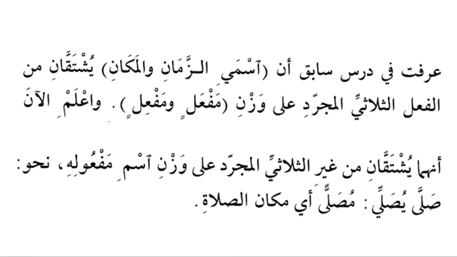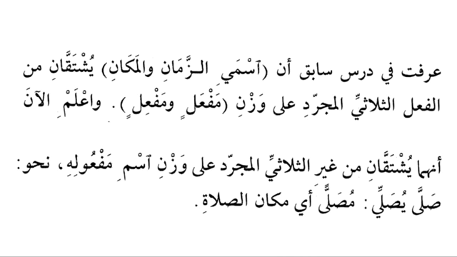For example, salla. It's not for all fi'ls, only for certain fi'ls that describe ism zaman and ism makan. Salla, yusalli, he prayed, to pray. Musallin will be the ism fa'il because it is manqus, and the place where it is prayed will be on the pattern of ism maf'ul, musallan, but we say musalla, ism makan, the place of salah.